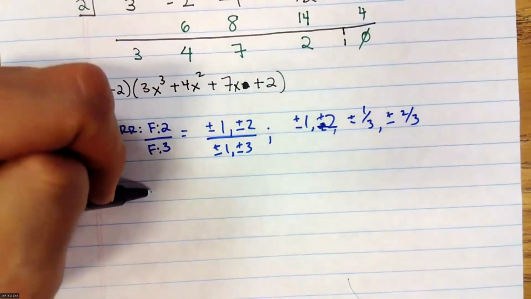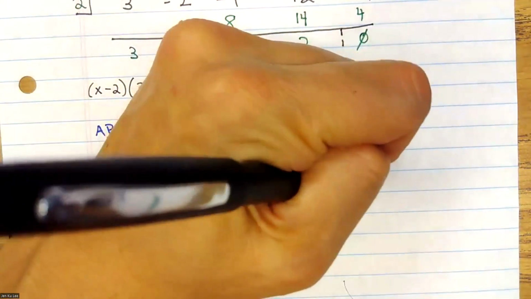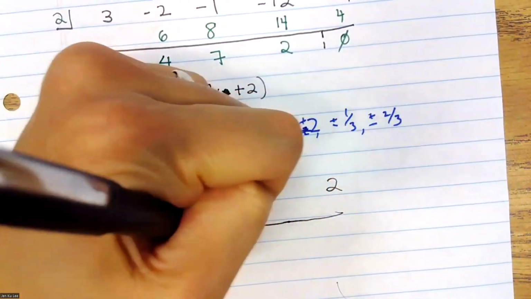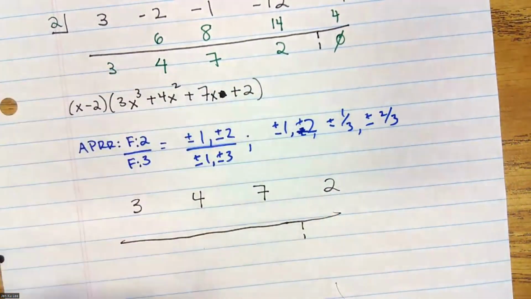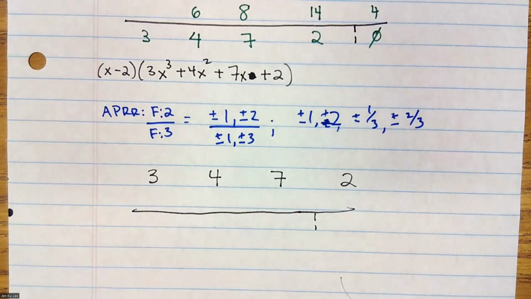So fish correctly and efficiently. Okay. Looking at this, the coefficients are 3, 4, 7, and 2.